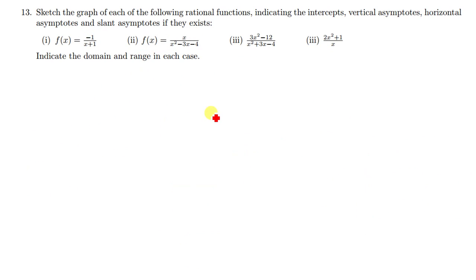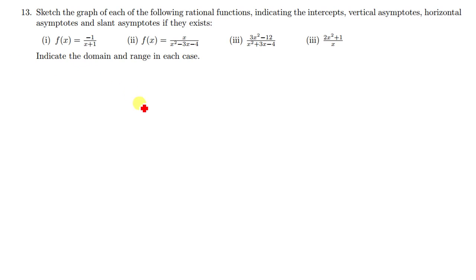The other one is saying we find x over x squared minus 3x minus x minus 4. Okay, so let's do this.